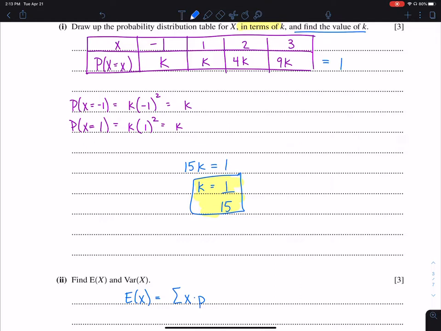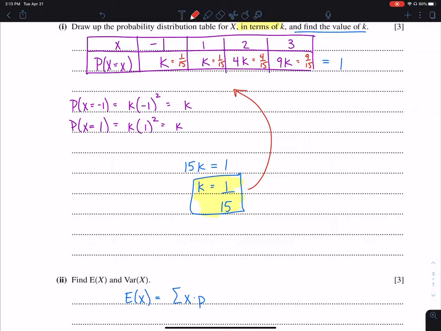And what I did in the notes that I posted for my solutions, I rewrote the table, but for this video purpose, what I'm going to do is just kind of plug this k back in to each one of these boxes. So this equals 1/15, and this would also be 1/15. This would be 4/15, and this would be 9/15.